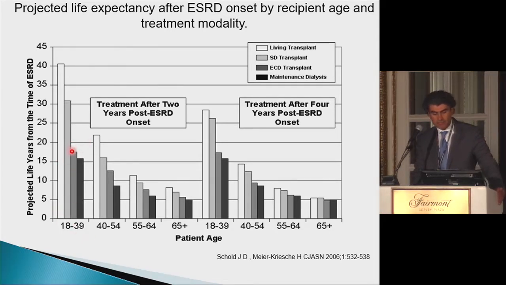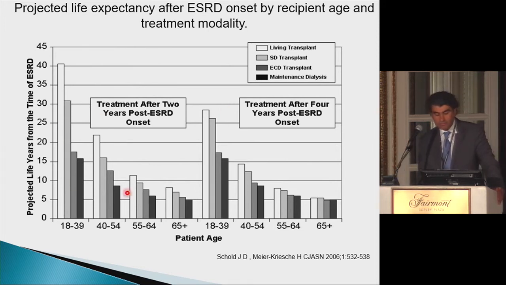If you agree to a lower quality kidney just to come off dialysis in 2 years, it is around 17 years. If those patients wait until 4 years to get a better quality kidney, their life expectancy is more than 25 years. So it's not a good practice to give lower quality kidneys to young patients.